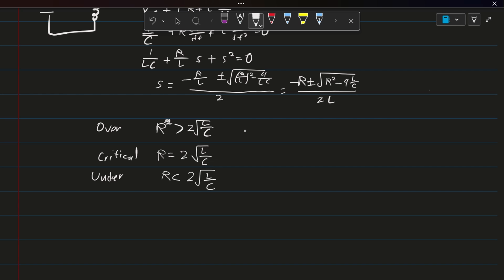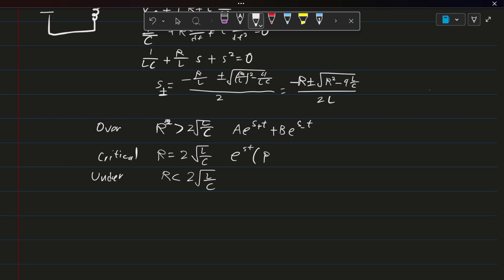So let's take this idea back from General Physics 1, in which you could get the overdamped solution to be a e to the power of s plus t plus b e to the power of s minus t. So this s plus and this s minus correspond to two different solutions of the characteristic polynomial.